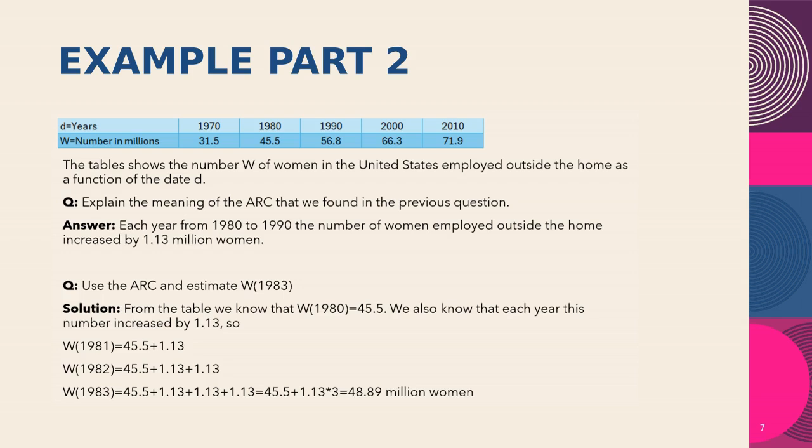So to find the number of women next year, in 1981, you need to take 45.5 and add 1.13. And next step, you will have to add 1.13 one more time. And in 1983, you have to add 1.13 three times and calculate the value, and it will be equal to 48.89 million women.